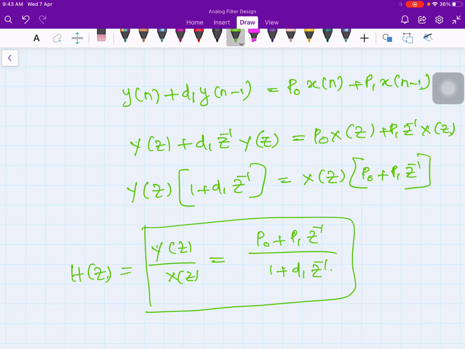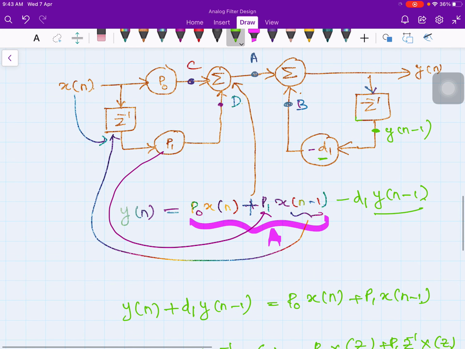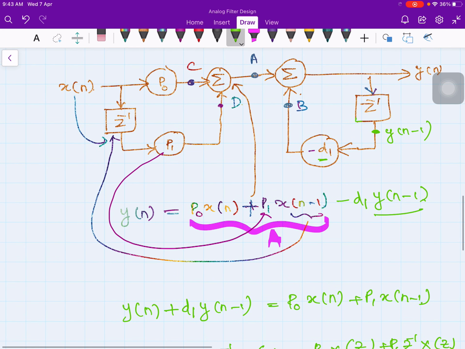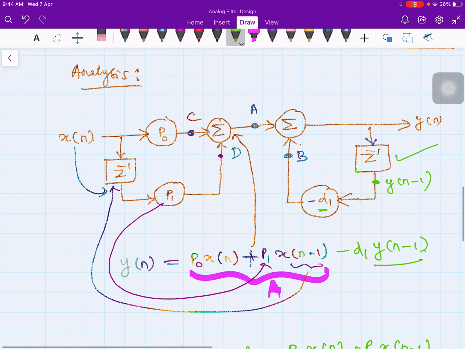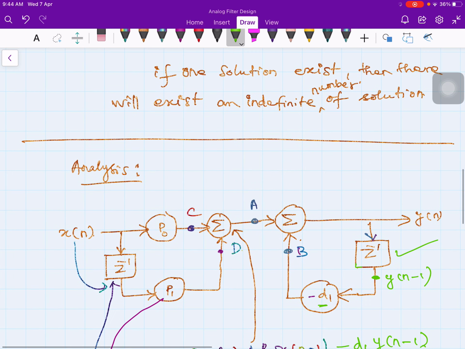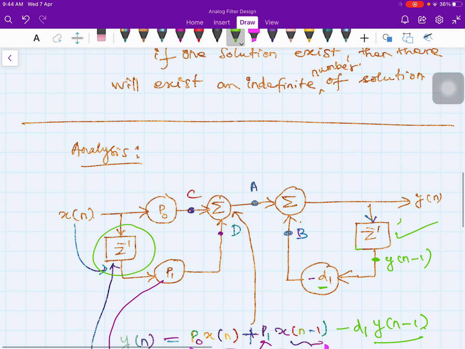Now this is the first order transfer function, but here I need two delays. Obviously the structure that was asked to be analyzed is not canonic in delays. Why? For a first order filter I should use only one delay, but I used two delays here. See, z inverse, one delay, and here one delay, two delays.